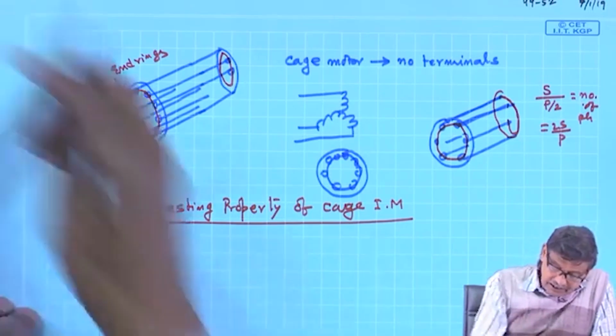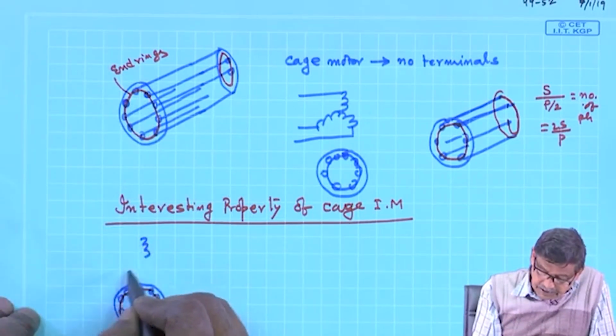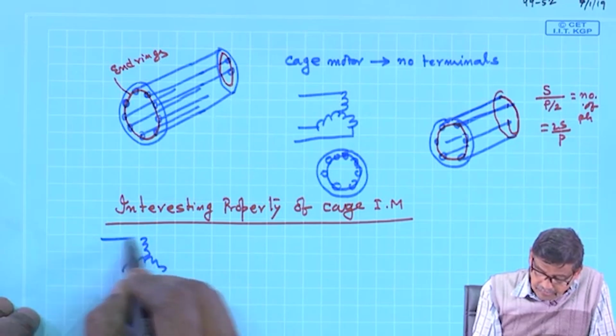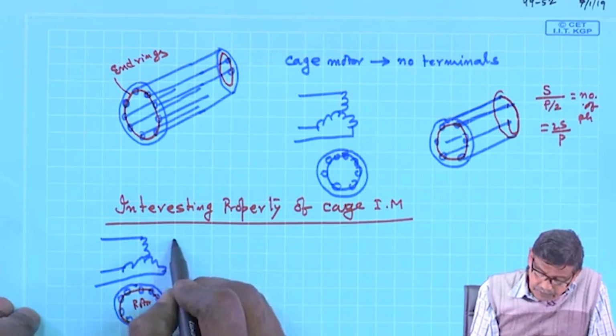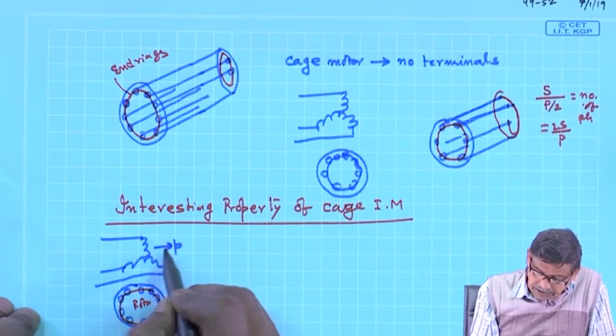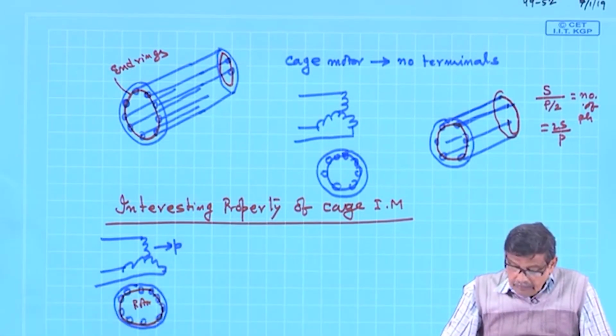On the stator, I have a 3-phase winding, and it produces p poles, a 3-phase winding wound for p poles.